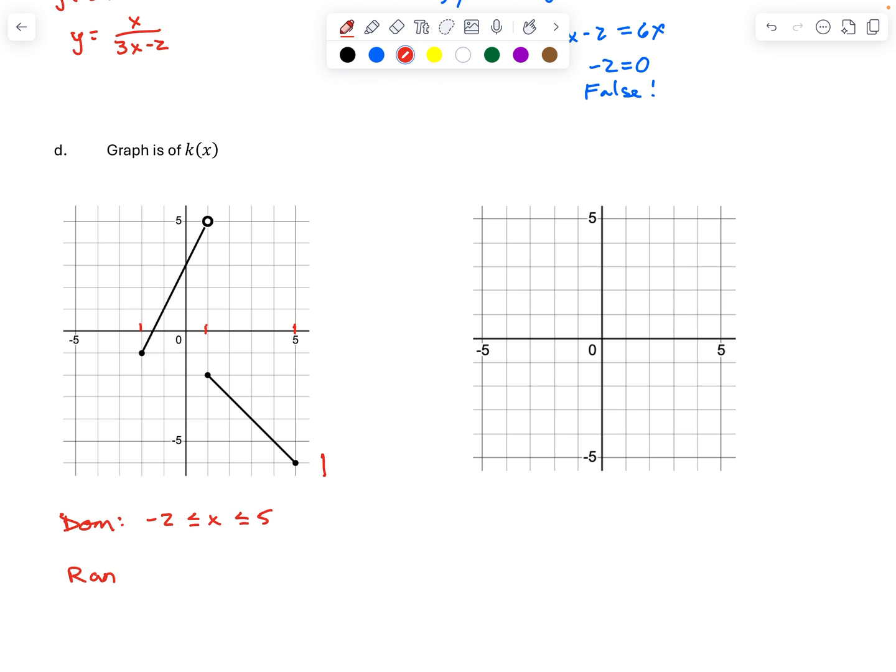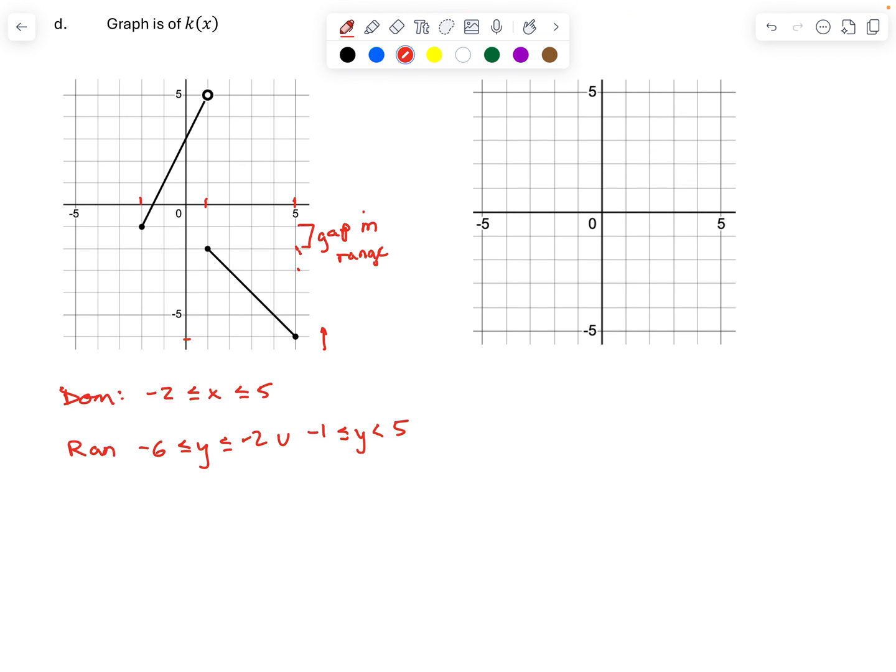So range going up from the bottom gets down to negative 6, and then gets up to negative 2, but then there is a gap. Let's say the top is at a height of 5, and there's no equal sign there.